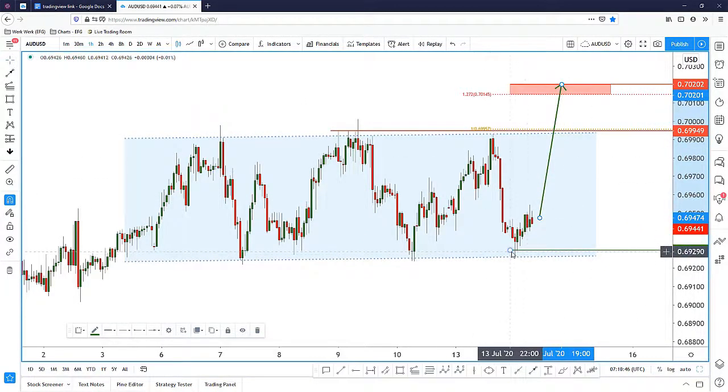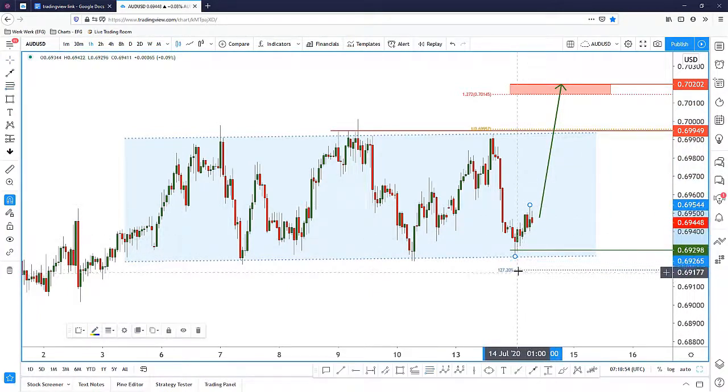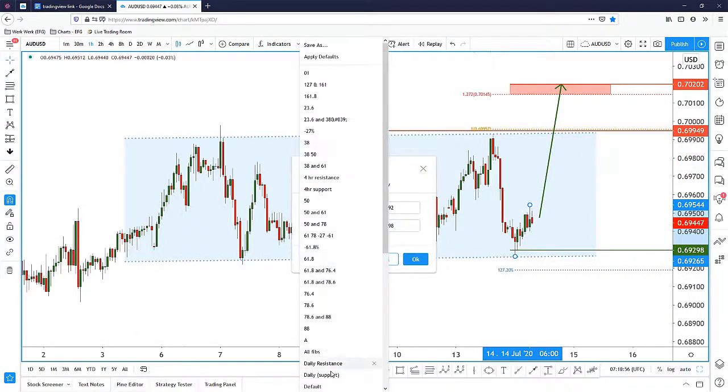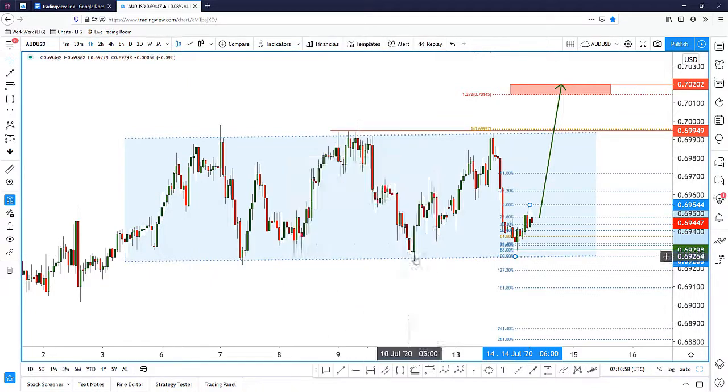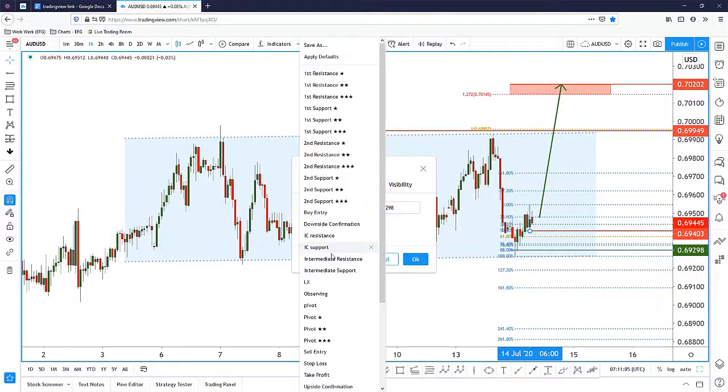What I will do is use a retracement of this small push up, 0.1 to 0.2, open all Fibonacci ratios. 50% looks like a nice level for an entry because there's a graphical spike over there.